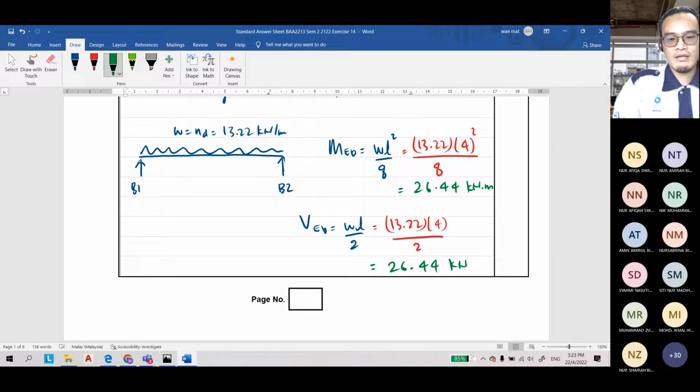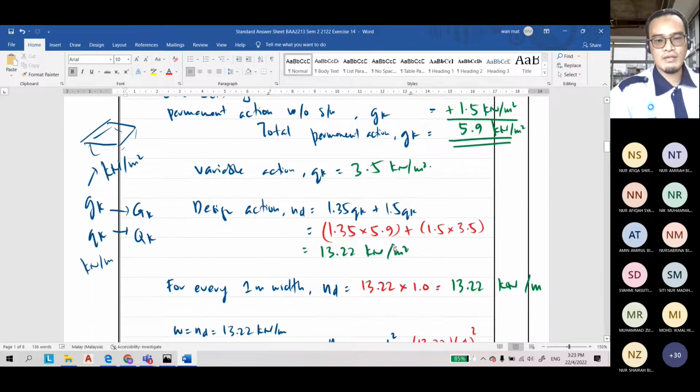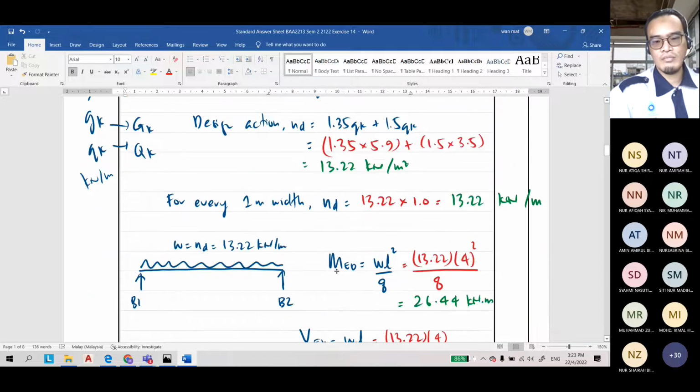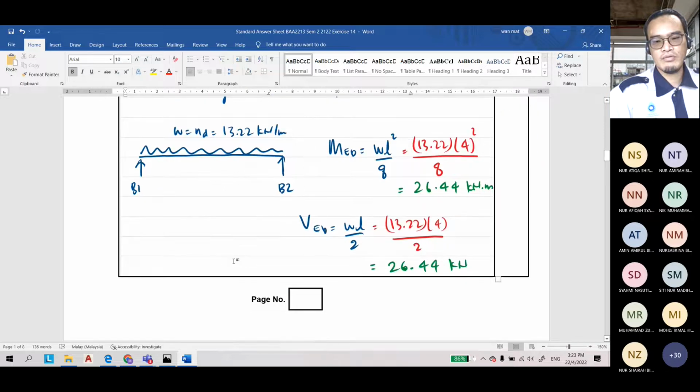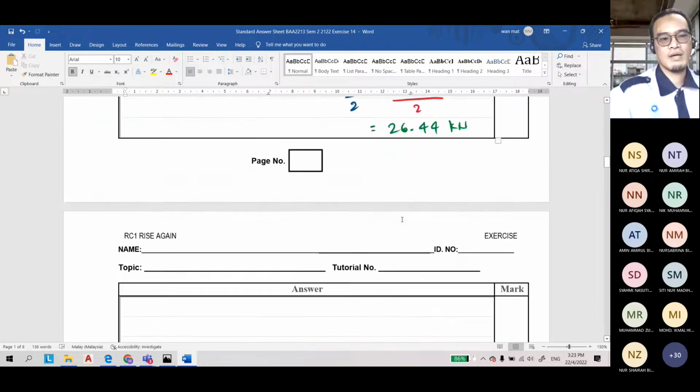This is a coincidence. Usually 1 mark for the design action, 1 mark for the self weight, 1 mark for the moment, VEd also 1 mark. So you already score 4 marks here, if you can do up to this part.